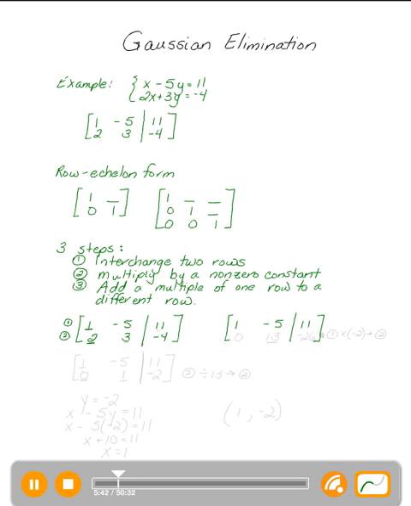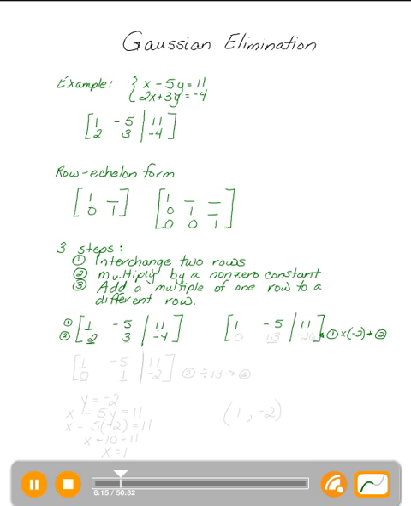And this is similar to solving systems of equations with elimination. What we're going to do is simply multiply row 1 by -2 and then add it to row 2. So I'm going to add a multiple of one row to the other row, and then put that right in this bottom row.